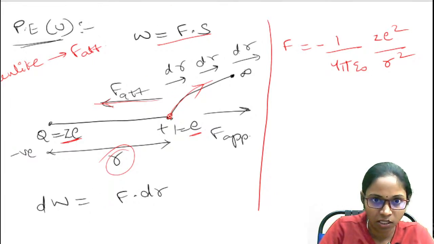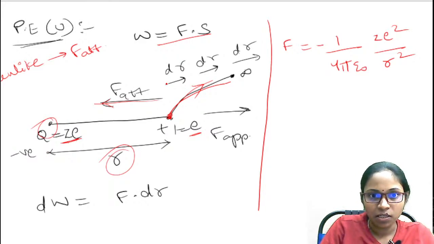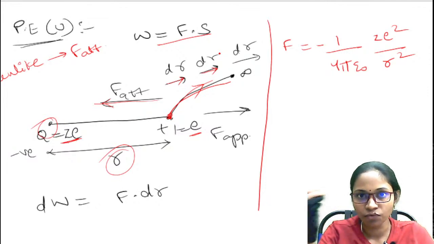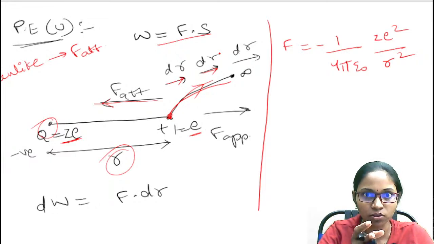Here I am displacing the electron to infinite distance from the source charge Q, that is the nucleus. The charge on the nucleus is Ze. I am bringing the charge e from distance r to infinity slowly, that means without any acceleration. Here acceleration will be equal to 0.